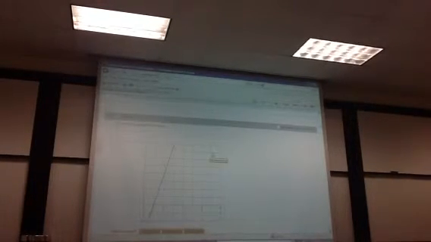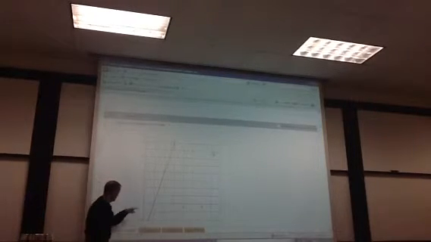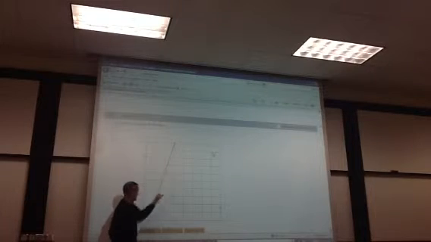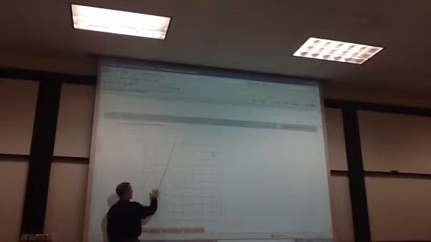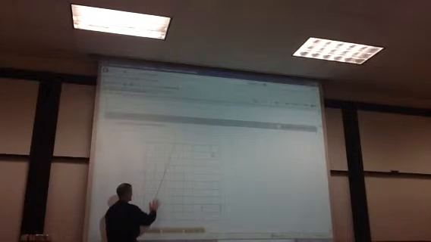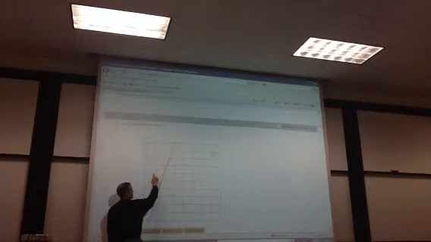All right. Estimate the slope of the line. What would you do to estimate the slope of this line? Pick 2 points. Pick some points that the line obviously goes through, like that one and that one, right? 2, 4. And then you can do the rise over the run. So the rise is positive 4. Run is positive 1.